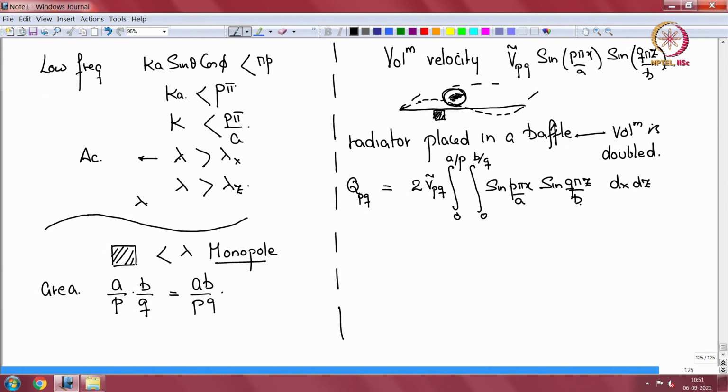Okay. If you compute this, we will get V tilde PQ 8ab by pi square pq, that is the volume velocity.